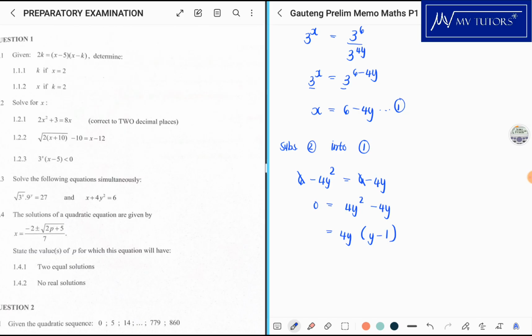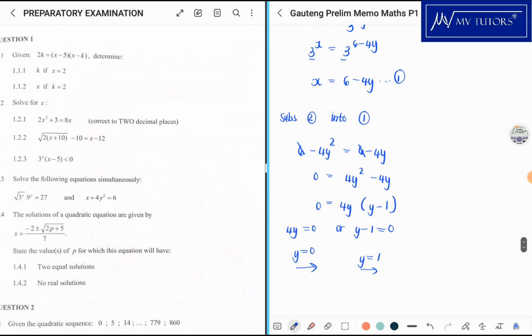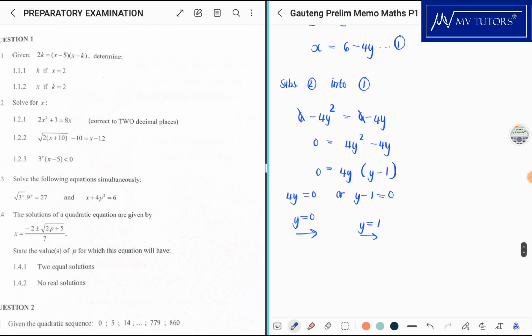Actually, I should have just gotten rid of the 4. Divided both sides by, yeah, it's okay. Let's just do it this way. So 4y is equal to 0, or y minus 1 is equal to 0. So basically y is equal to 0. That's my first solution. And we have that y is equal to 1. That's the second solution.